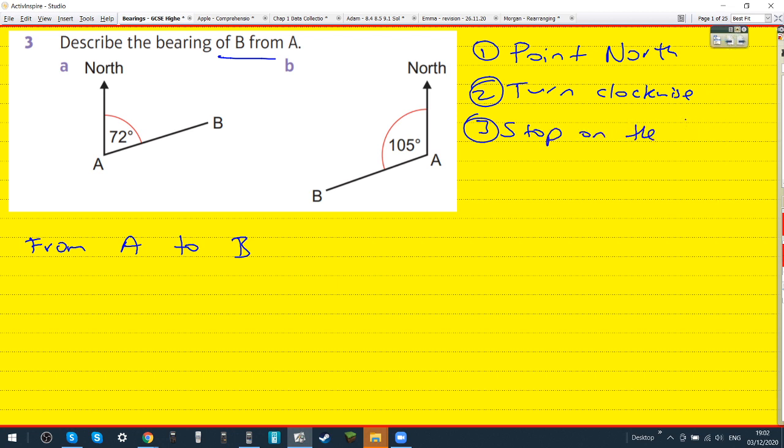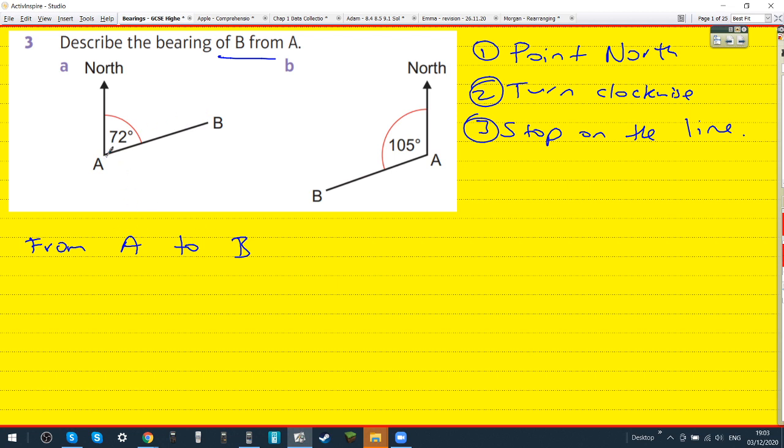So in maths, usually we start to the right and we open anti-clockwise, and that simplifies things for us. Bearings, I believe, are like a man-made thing, so you point north, turn clockwise, stop on the line.